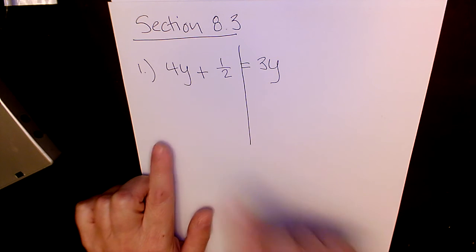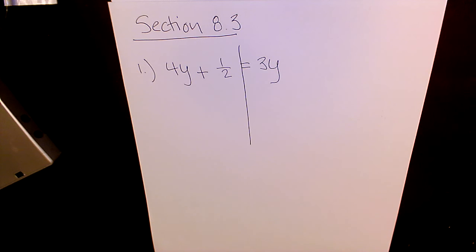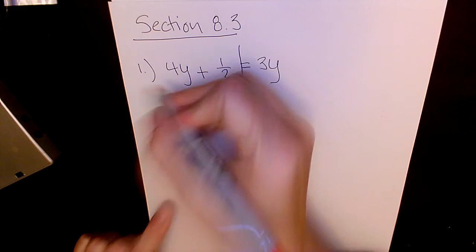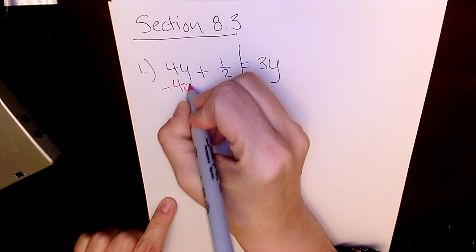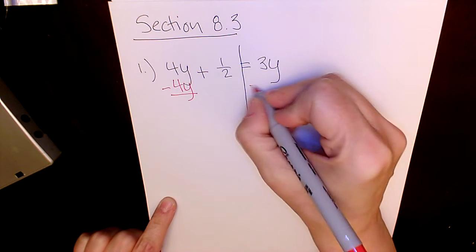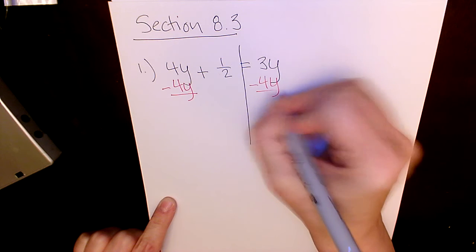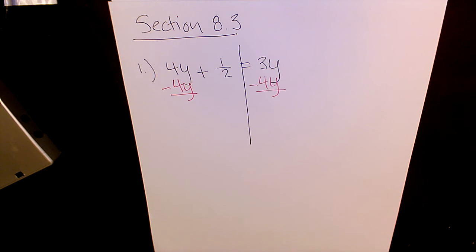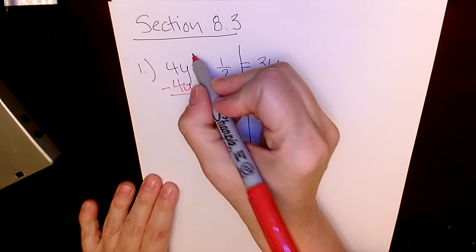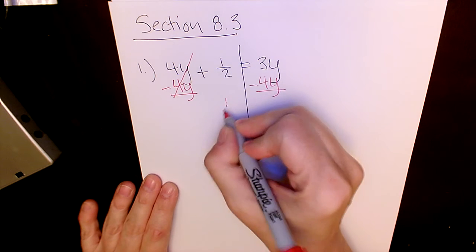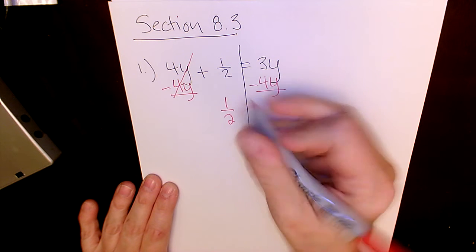How do I get rid of the 4y? I'm going to subtract 4y from both sides. 4y minus 4y is gone. The half comes down.